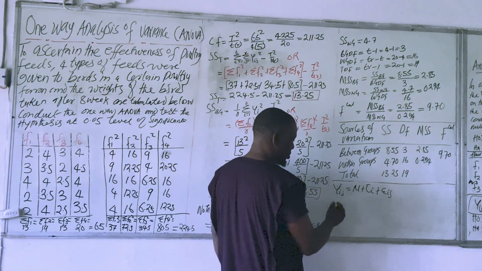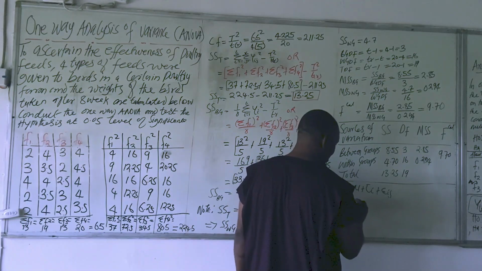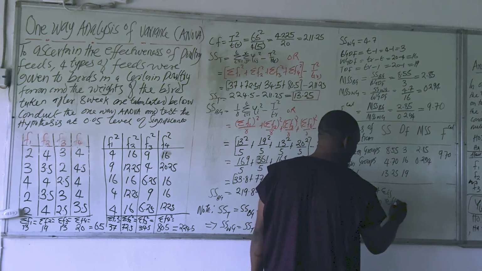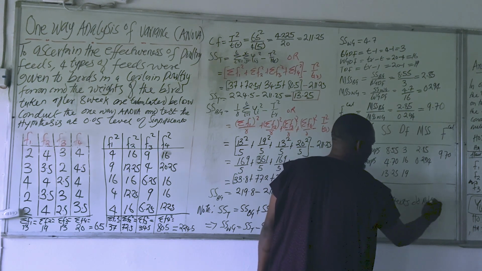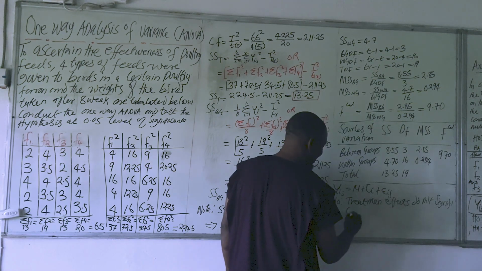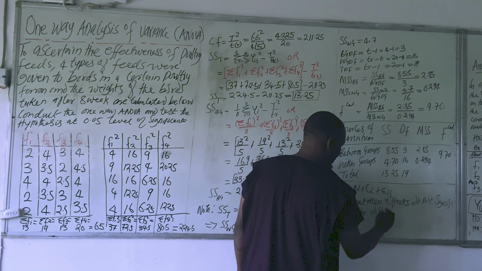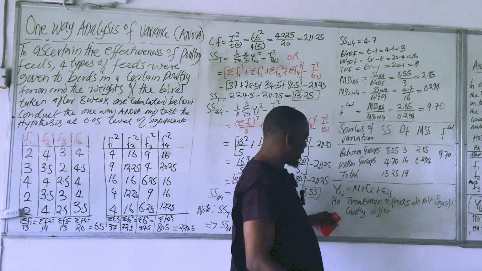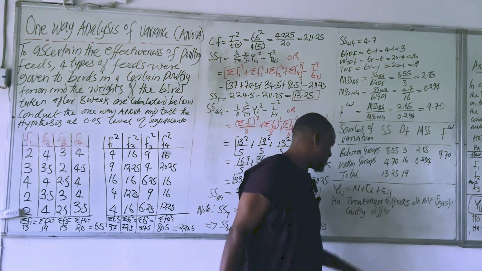So the null hypothesis H0 will be, we can say, treatment effects do not significantly differ. If we take that as our null hypothesis, it means that our alternate hypothesis says treatment effects significantly differ.